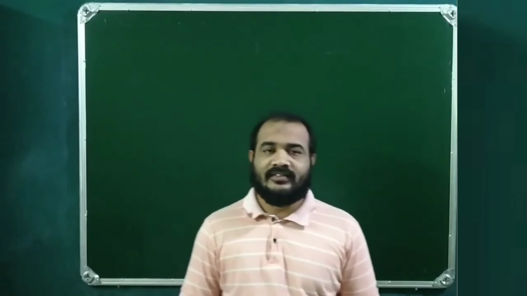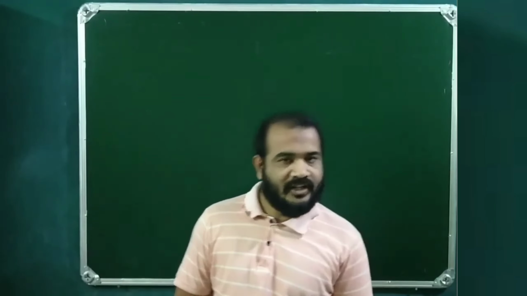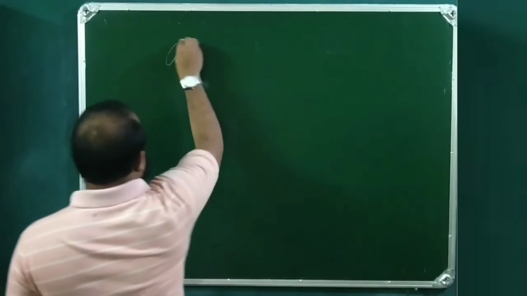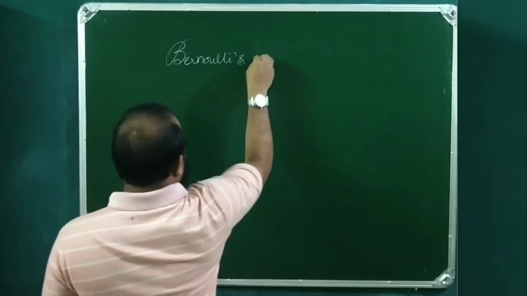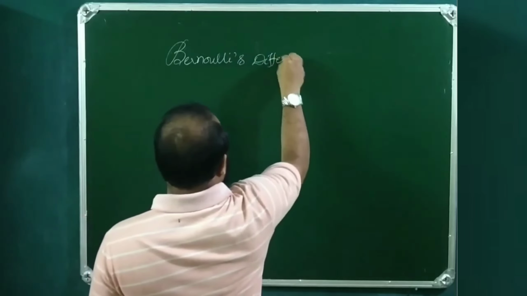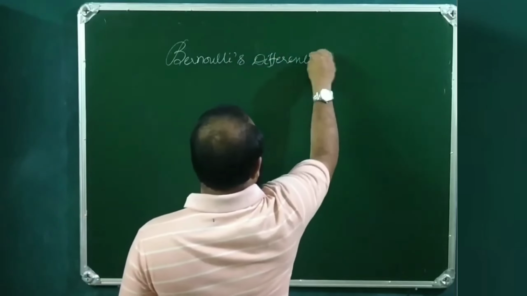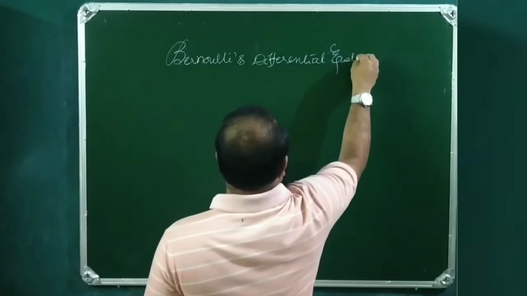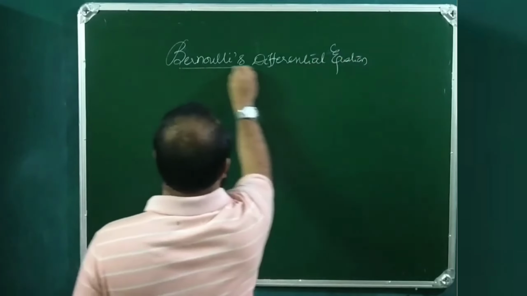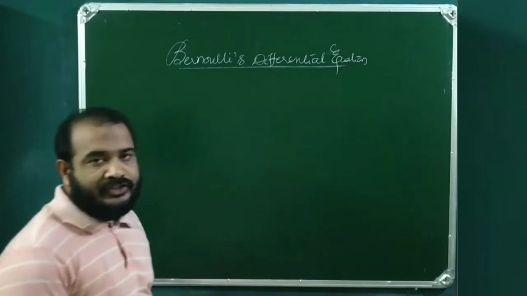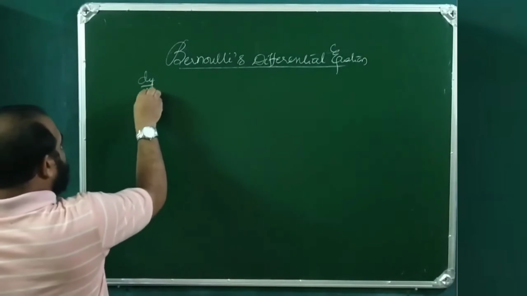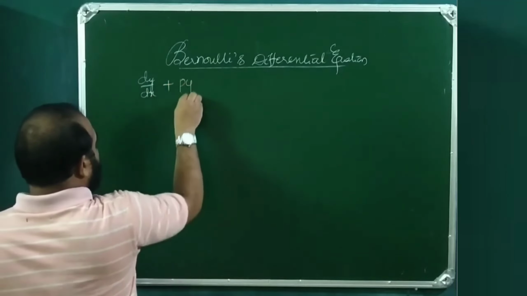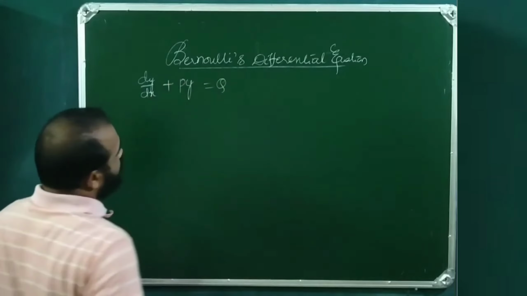Now let us discuss the Bernoulli's differential equation. A differential equation which is of the form dy by dx plus py is equals to q.